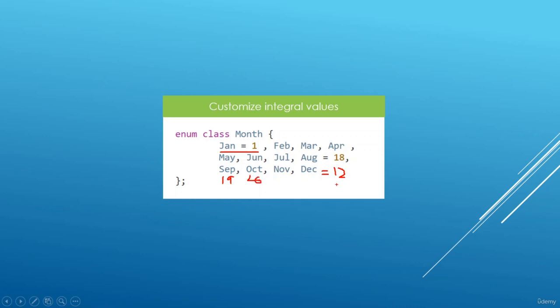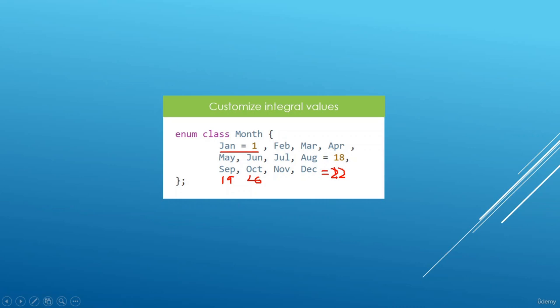So the way the compiler really sees this, if it sees that you have specified one enumerator with a custom value, it's going to keep incrementing after that. So for February here, we're going to have 2, March 3, but when we hit August, we're going to have 18 for August, but September is going to be 19, October is going to be 20, November is going to be 21, and December is going to be 22 at this time here.